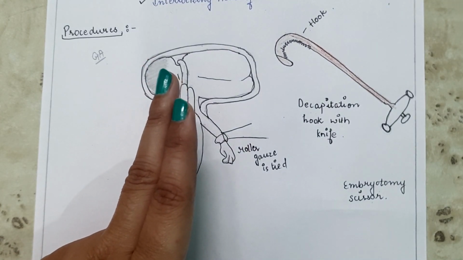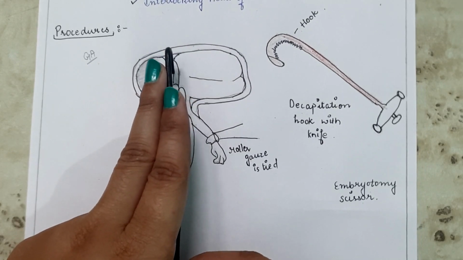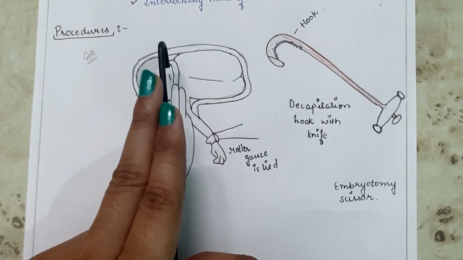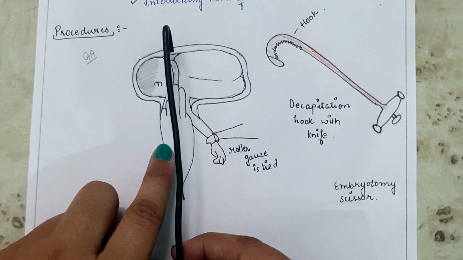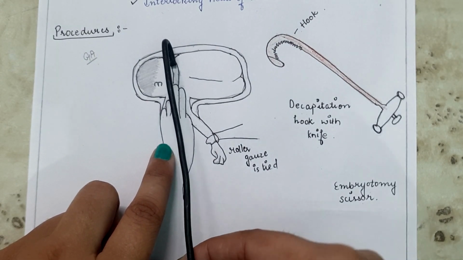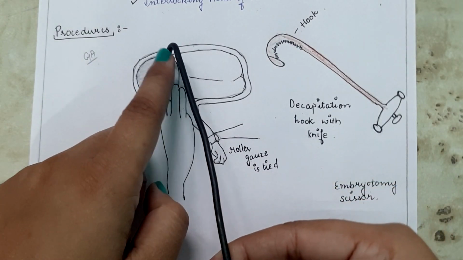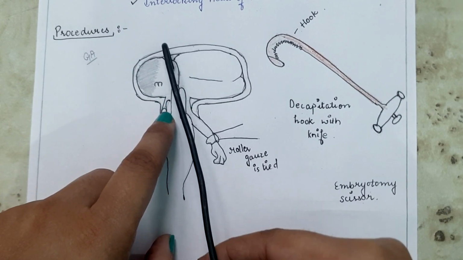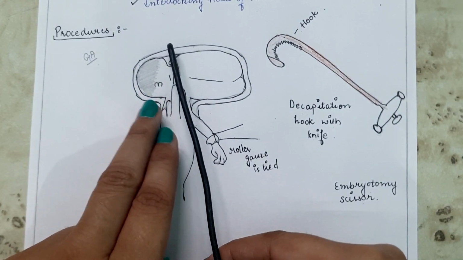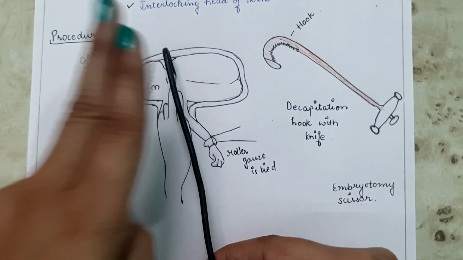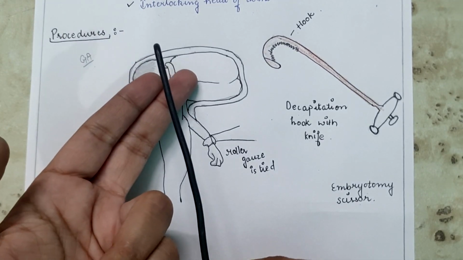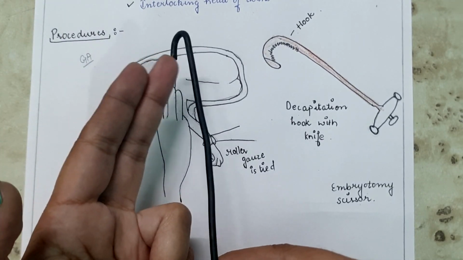with the guidance of the fingers. Then push this hook over the neck and rotate it so that the hook will be placed around the neck, and meanwhile these fingers should be placed under the neck in order to guide the tip of the hook.